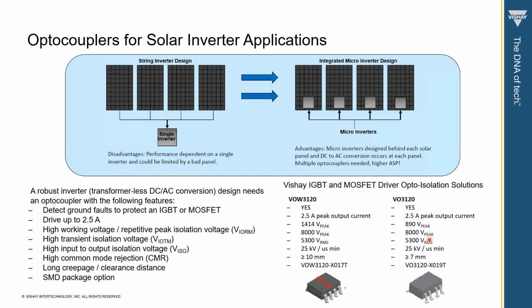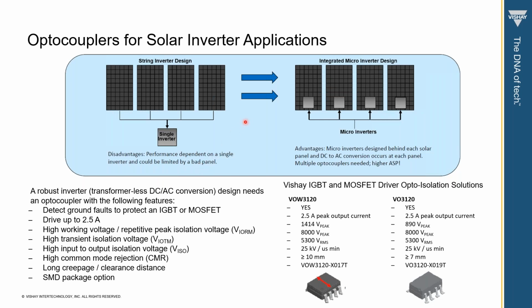We also see increasing usage of the optocoupler in the solar inverter. Why? Traditionally, some designs use the string inverter design, which has a single inverter with multiple panels. But the disadvantage of this solution is that the performance is very dependent on a single inverter, and sometimes it is limited by the weakest panel.